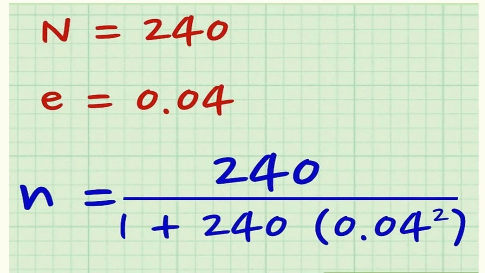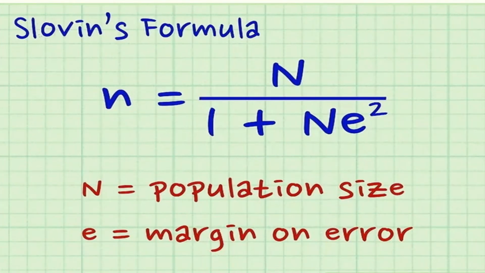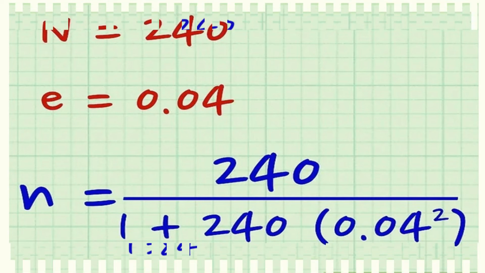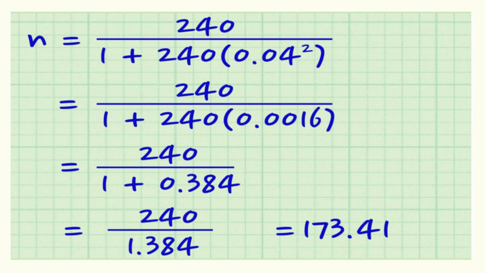Then we will substitute the values to our given formula. Okay, we'll try to compute and we will have an answer of 173.41. So in other words, our sample size would be 173.